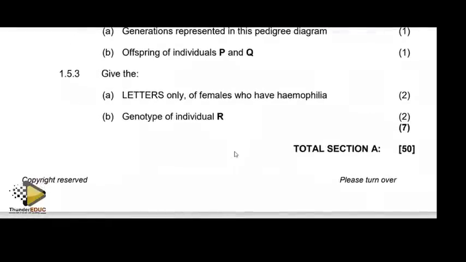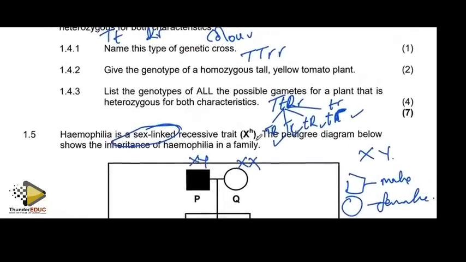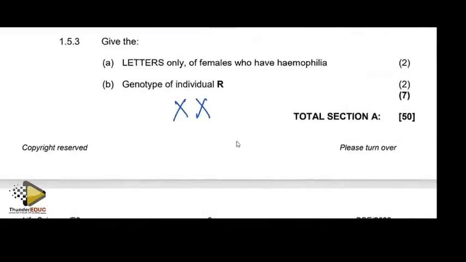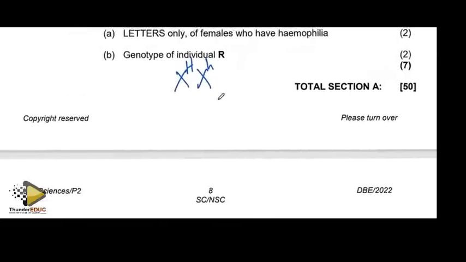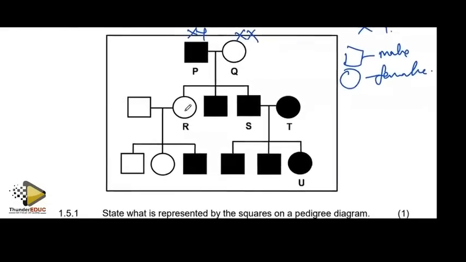Since it is sex-linked, I'm going to start with X and X because it is a female, and hemophilia is caused by a recessive allele on the X chromosome. For normal it's capital H, and then small h. Why? Because this person is heterozygous, a carrier who carries this recessive allele.